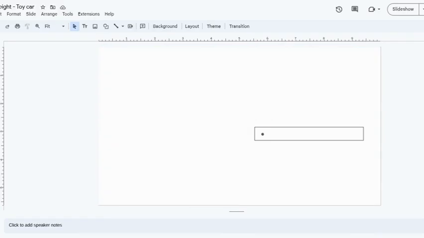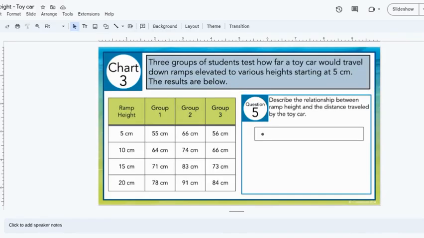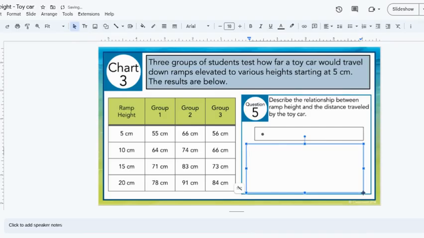Last but not least, describe the relationship between the ramp height and the distance traveled by the toy car. Well, guys, that's our cause and effect statement. And we've done that a few times now. So our height and our distance traveled, let's say it one more time.